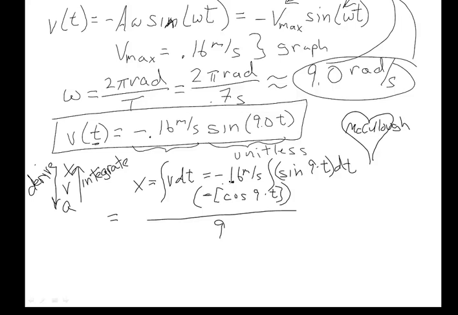Just like I said a second ago, the constant, negative 0.16, has to go in front of that set of parentheses.